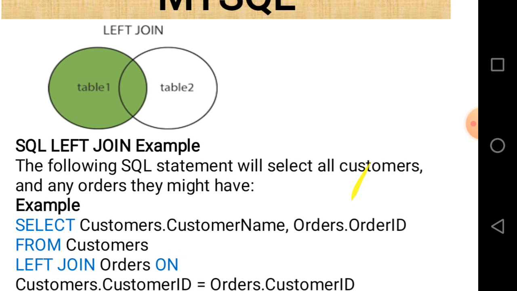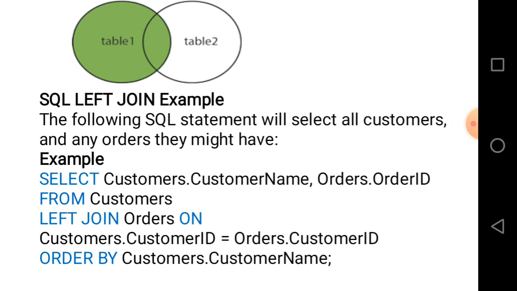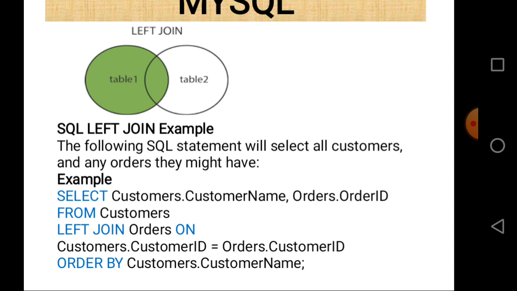After the joining operation, these two columns will be reflected in the result. Then the keyword from, then table name 1, which is customers in that case, then left join, and then table name 2, orders. Orders is the table name 2 in this case, and after that on, and the condition is customers dot customer id is equal to orders dot order customer id. So customer id is a common column name to both these tables.